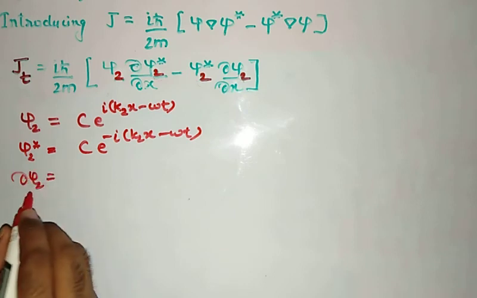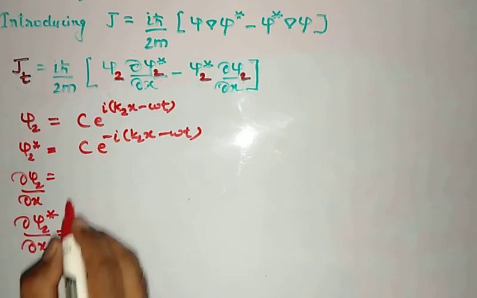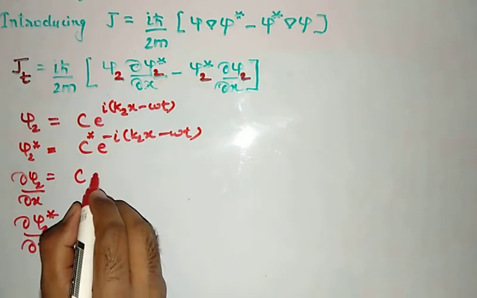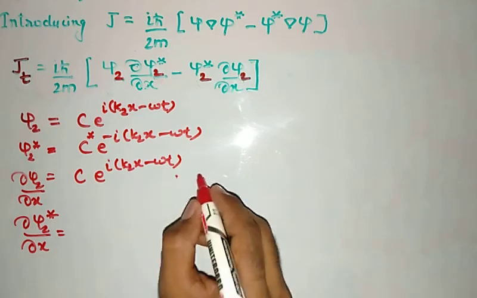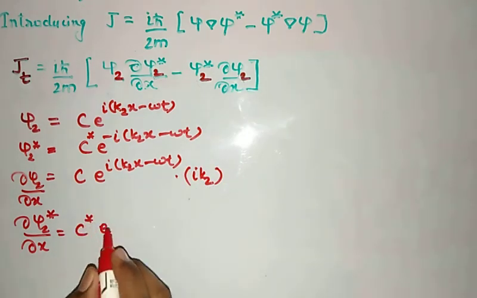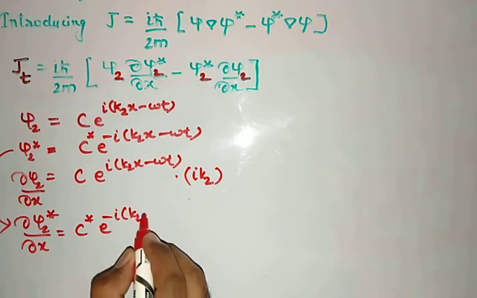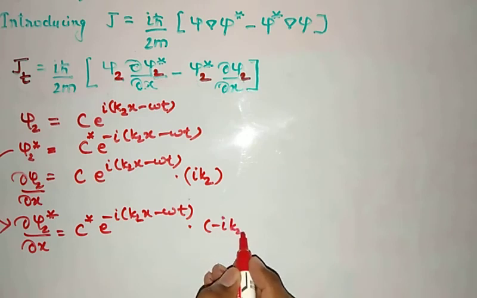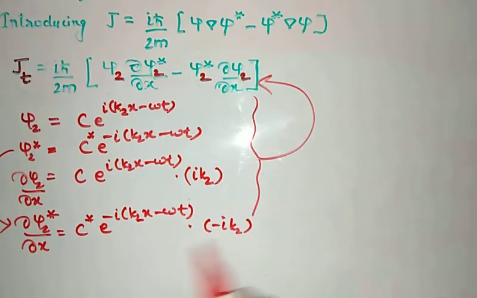Now differentiating, from here this will be c to the power I k2x minus omega t times I k2, and here c star from here, with k2x minus omega t, and minus I k2. Now these values we will put here.